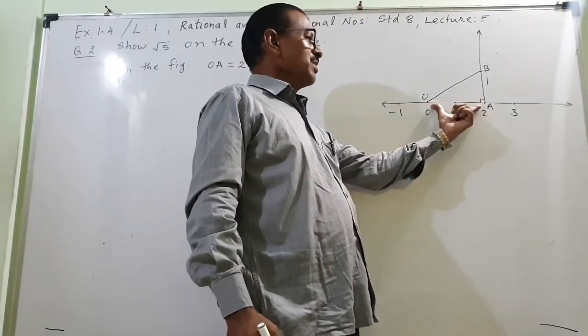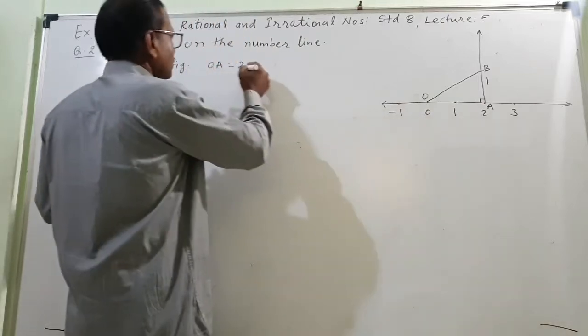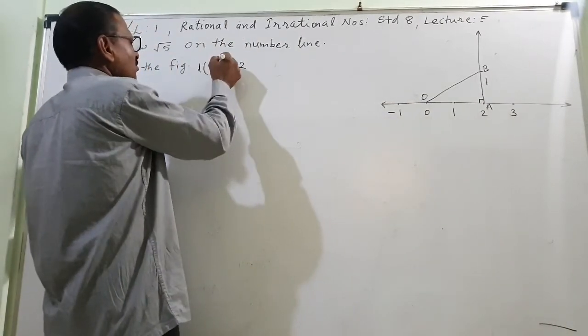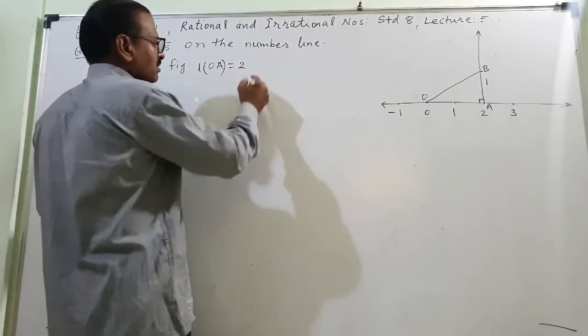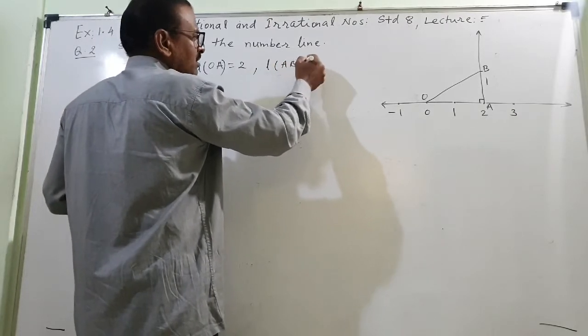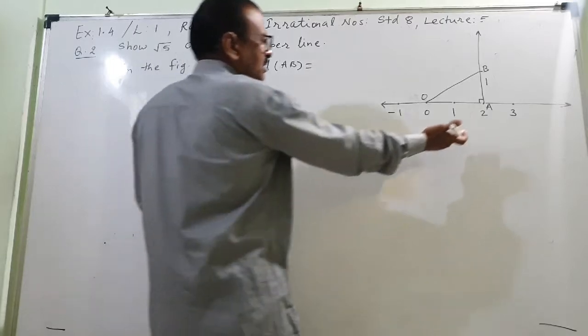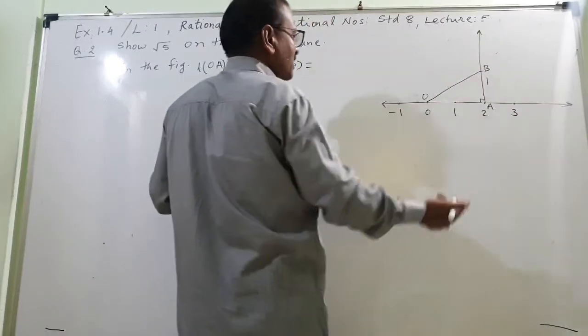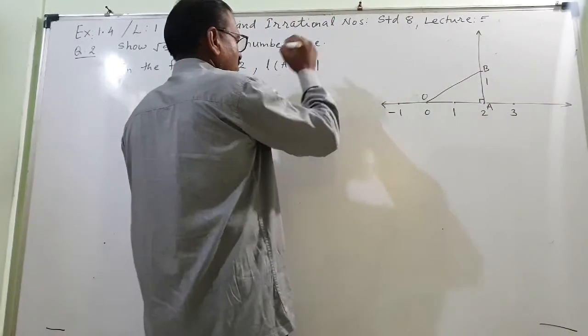So OA will be 2. We call it length, so we will write length of OA. Length of AB is equal to how much? This perpendicular distance we always take 1.